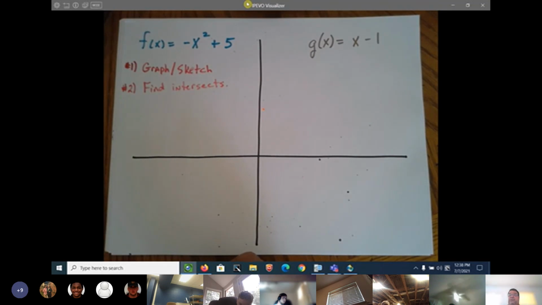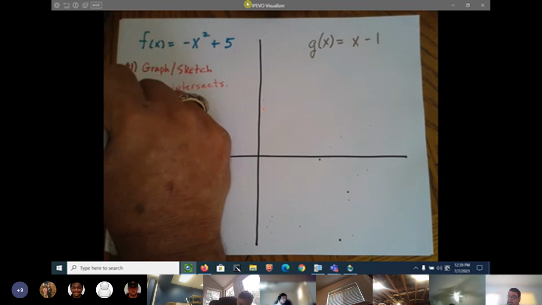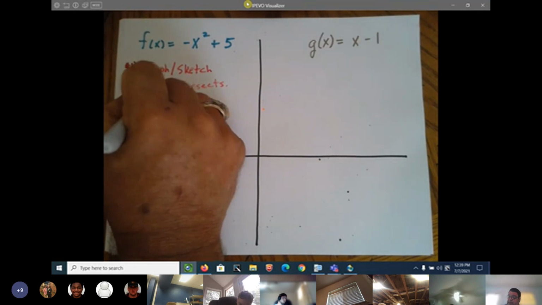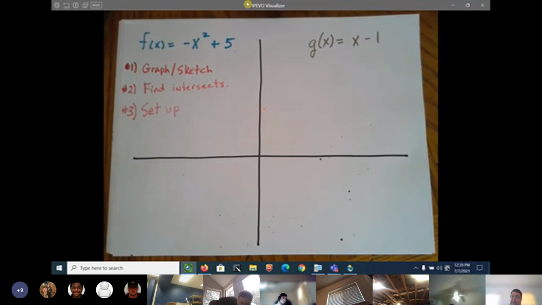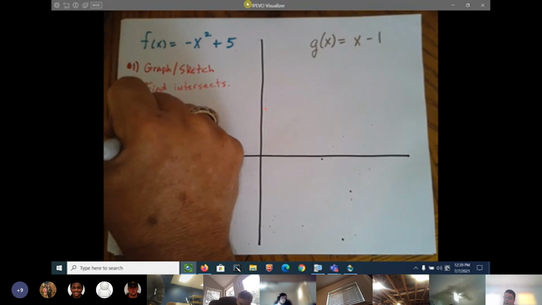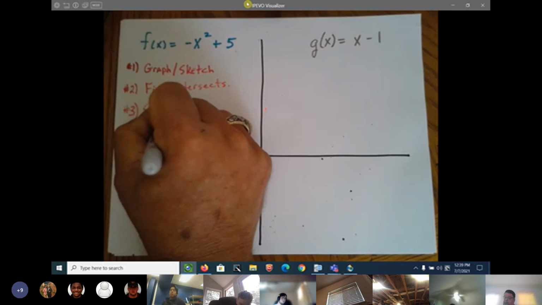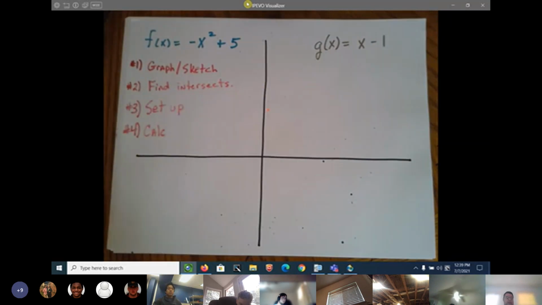Go to second trace and find the intersection points. Number 3, set up your integral. And then, of course, number 4, do the calculus, do the math. Meaning take the antiderivatives and do what you're supposed to do.